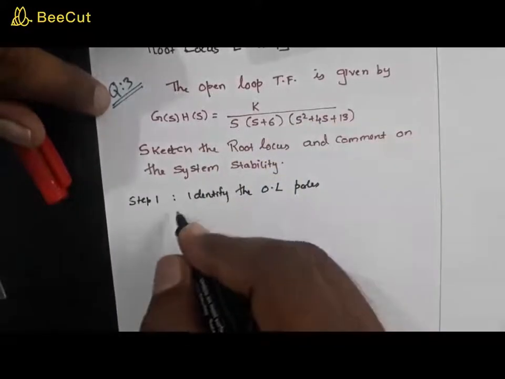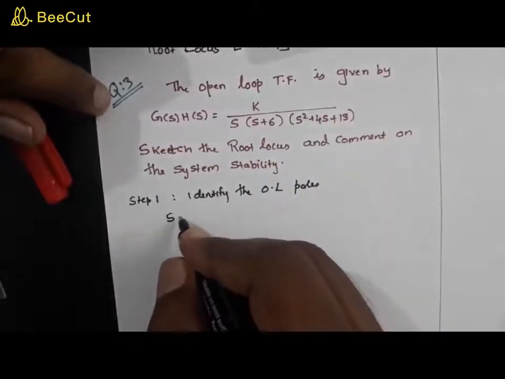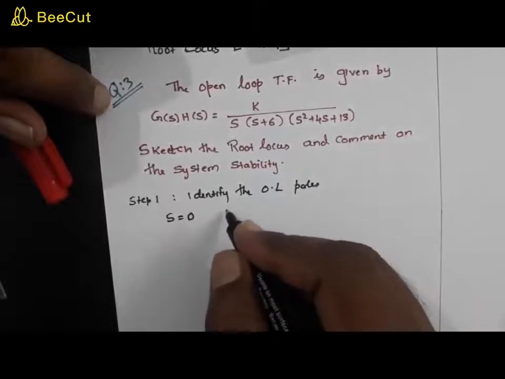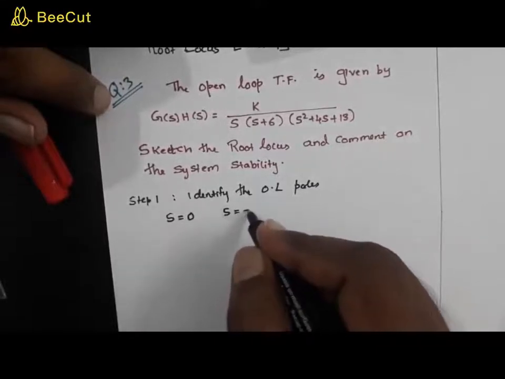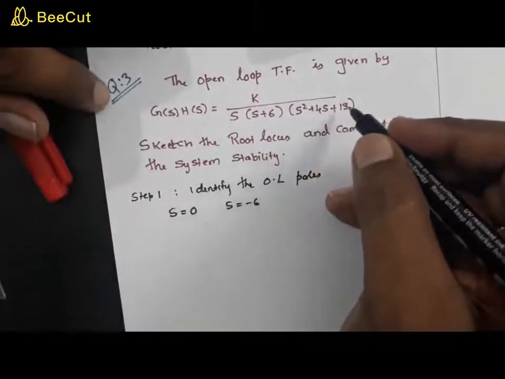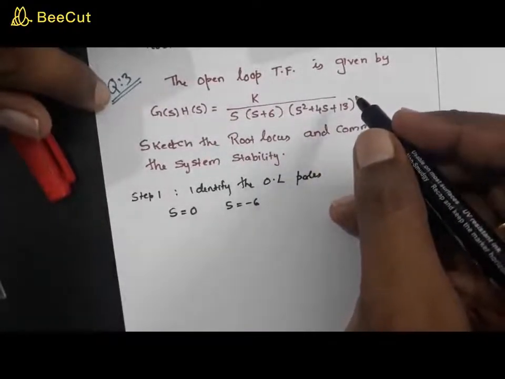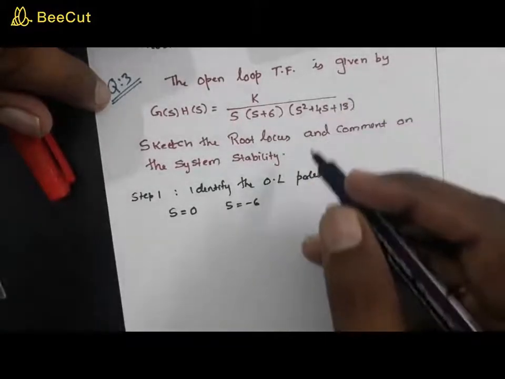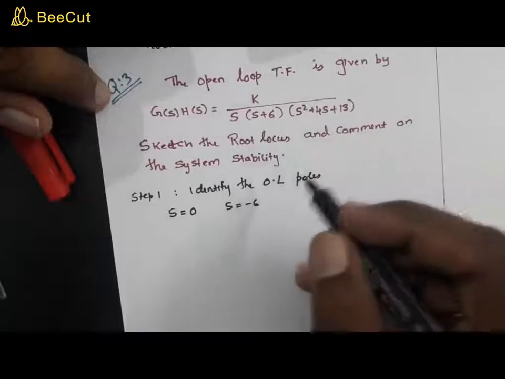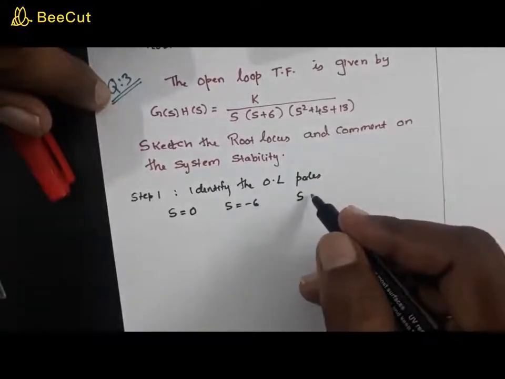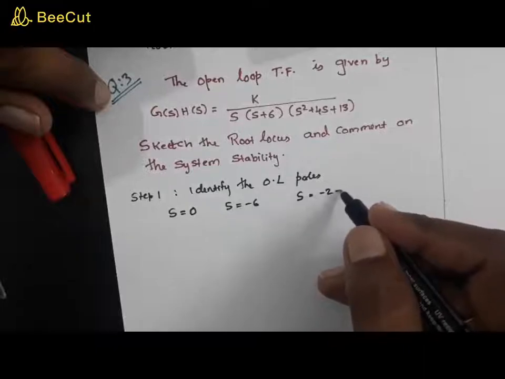So equating that, s can be 0, or s can be minus 6, or this s squared plus 4s plus 13, when you factorize that, you will get the factors as minus 2 plus j3.